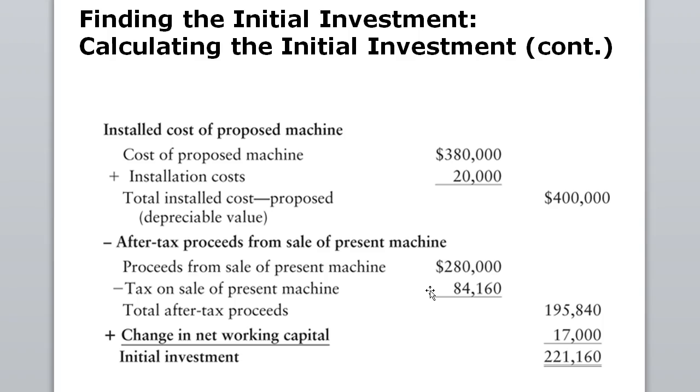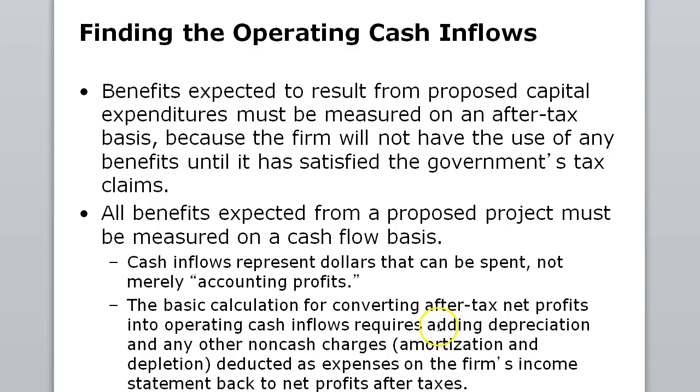So the proceeds after tax are $195,000, and the change in working capital we calculated to be $17,000. If we take the $400,000, subtract the $195,000 from it, and then add the change in working capital, the additional $17,000, that's how we get to the initial investment of $221,000.